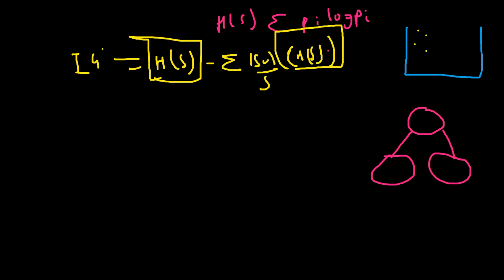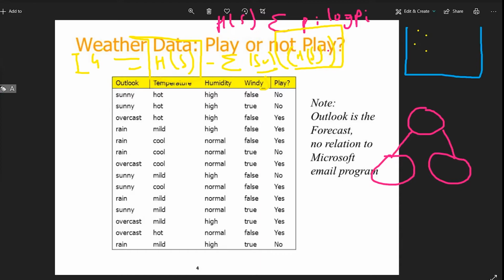Now let's suppose we are first calculating the information gain on the basis of the wind factor. As we have only two values in the windy part, it is going to split into two: on the basis of true, and on the basis of false.